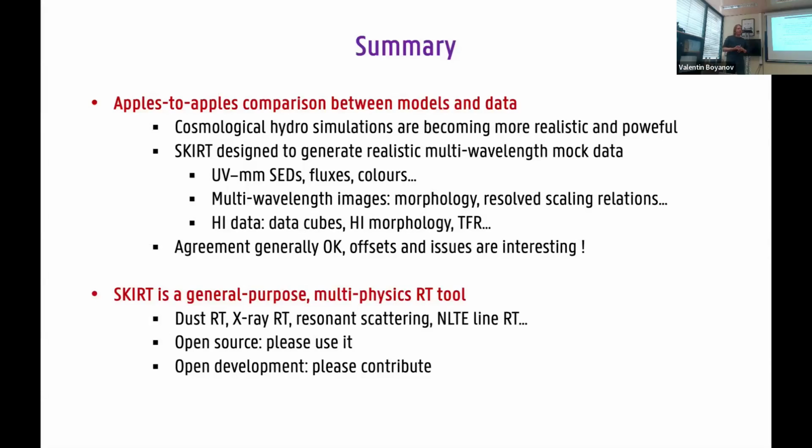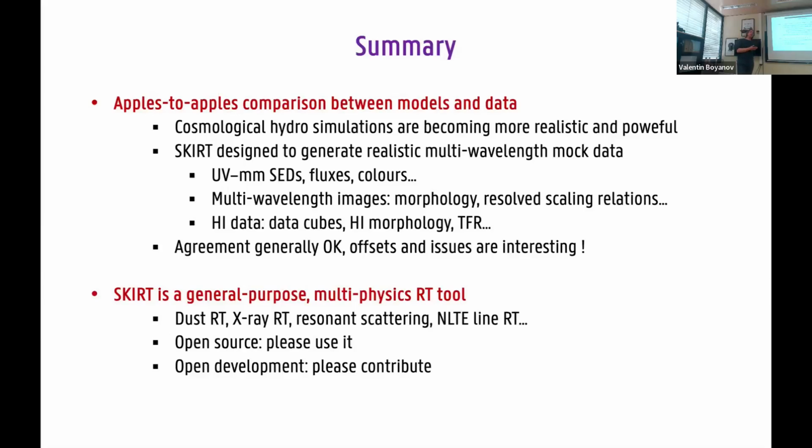And the second one, which the new generation of hydro codes are working on, is modeling the multi-phase ISM. Most of these big volume simulations, such as TNG and Eagle, use a single ISM phase. They have a temperature floor of about 8,000 Kelvin, and everything below that is done with a calibrated recipe.